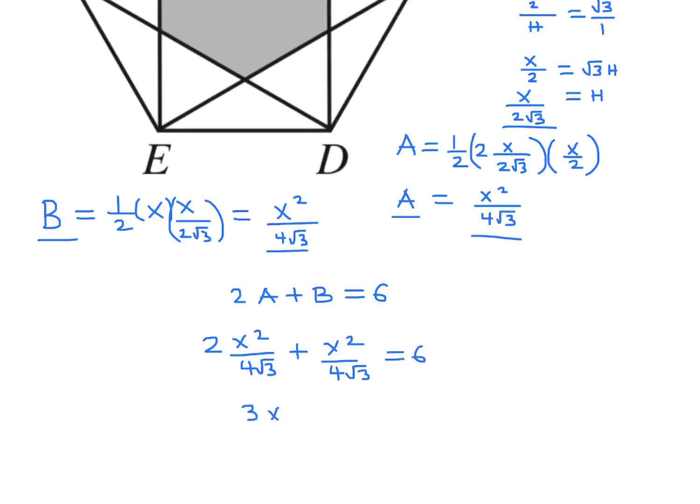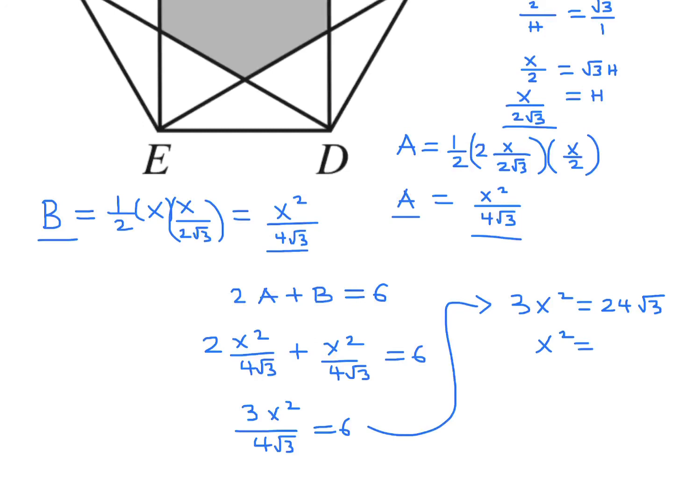So this becomes 3x squared over 4 root 3 is equal to 6. And if you cross multiply, you get 3x squared is equal to 24 root 3. And therefore x squared is equal to 8 root 3.